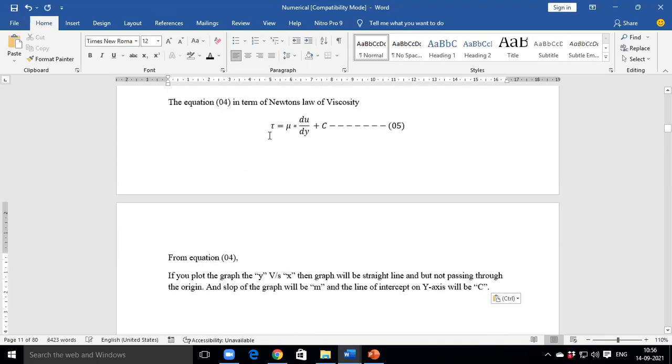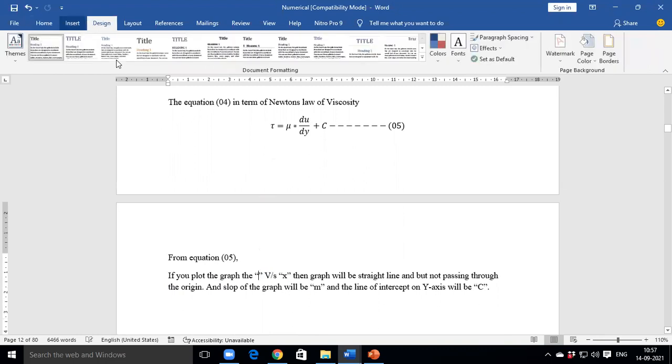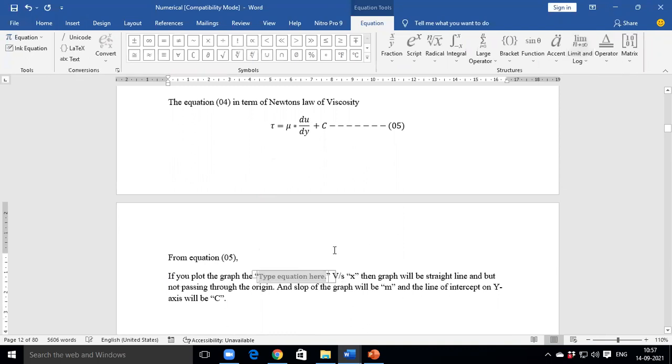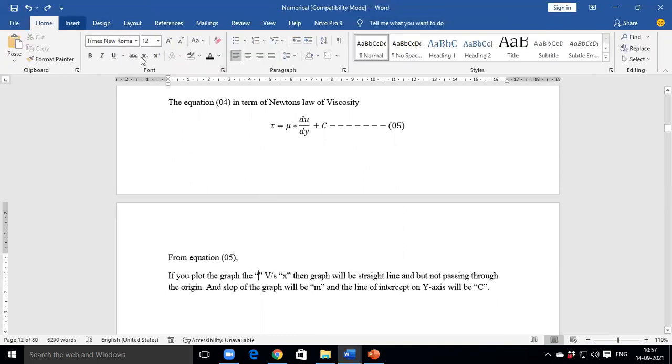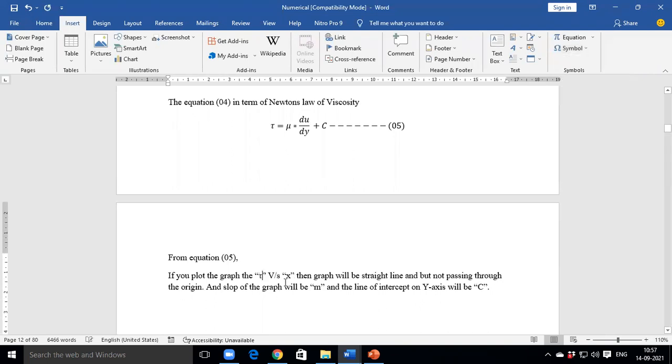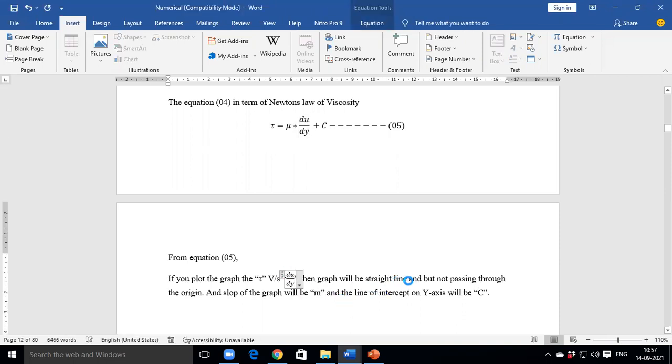If we plot the graph of tau versus du by dy, then the graph will be a straight line but not passing through the origin, and the slope of the graph will be mu.